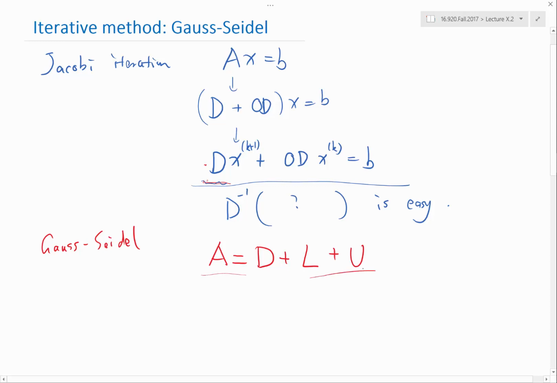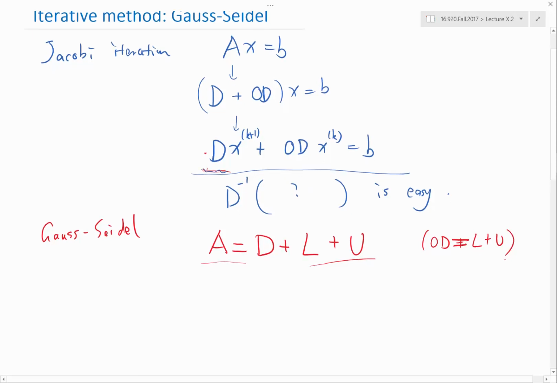So this split can help us formulate either Jacobi or Gauss-Seidel, right? So in Jacobi, we can just say my OD is actually equal to L plus U. So that's for Jacobi iteration.